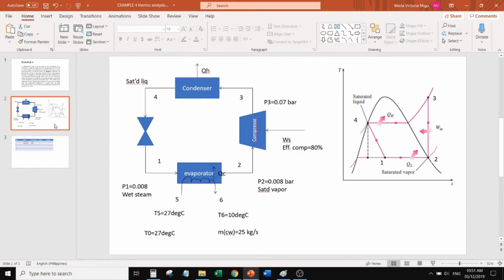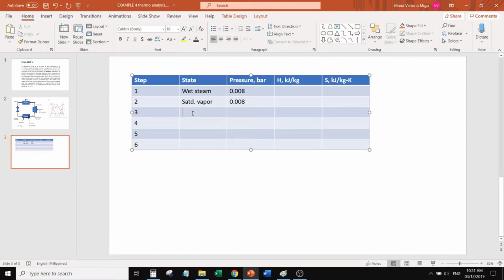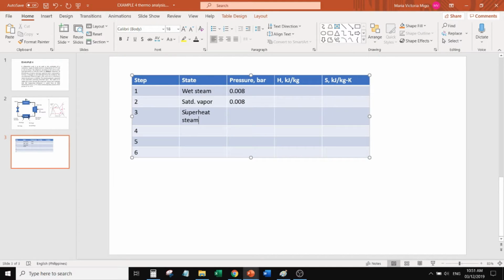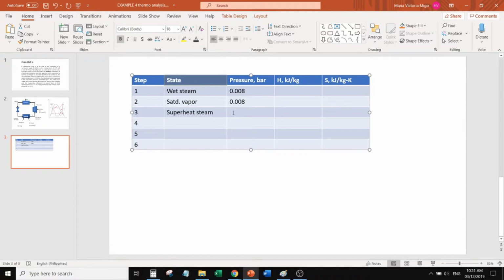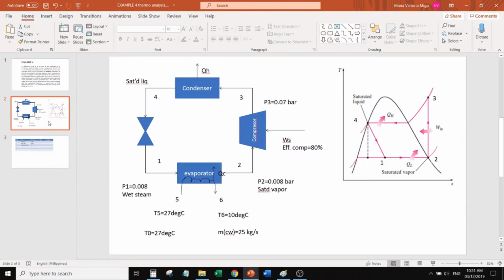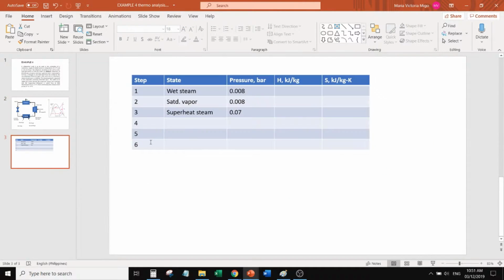The next stage is state 3, superheated steam, and the pressure is 0.07 bar. State 4, saturated liquid.